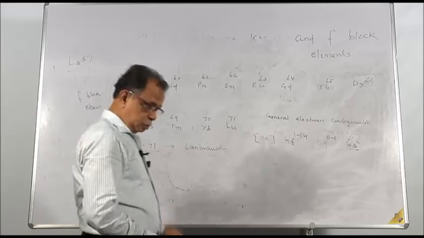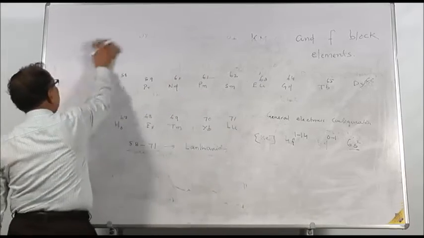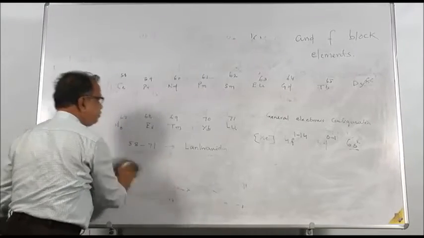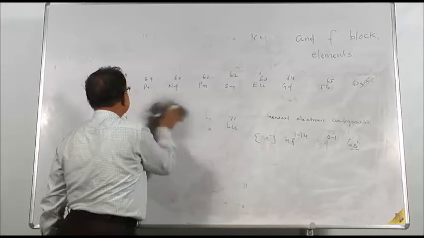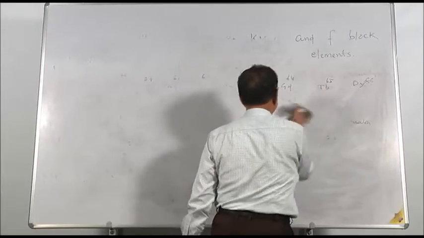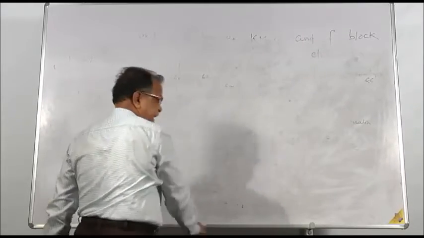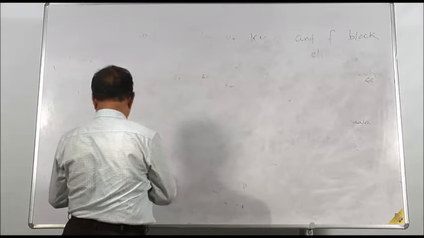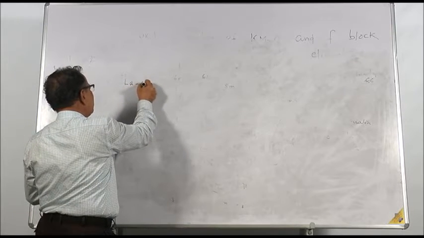Now for individual electron configurations, I will take 58 cerium. Let us discuss cerium. Before cerium is lanthanum, which is 57.